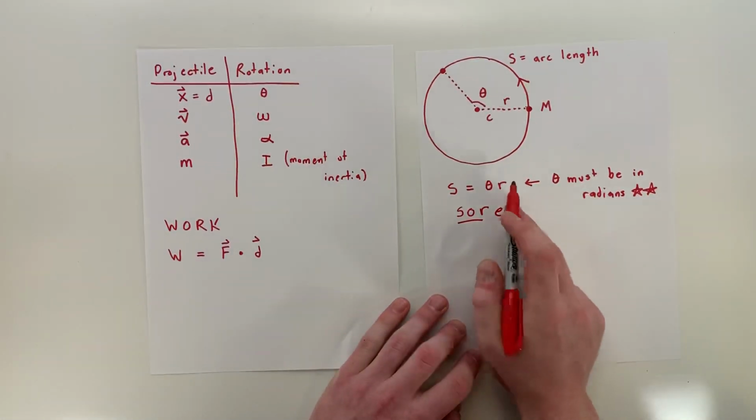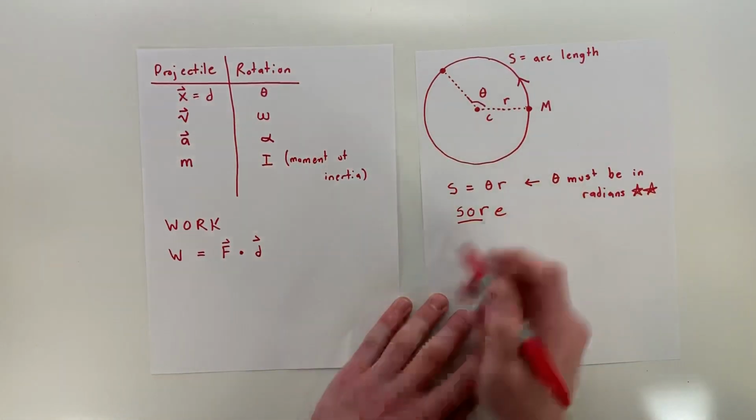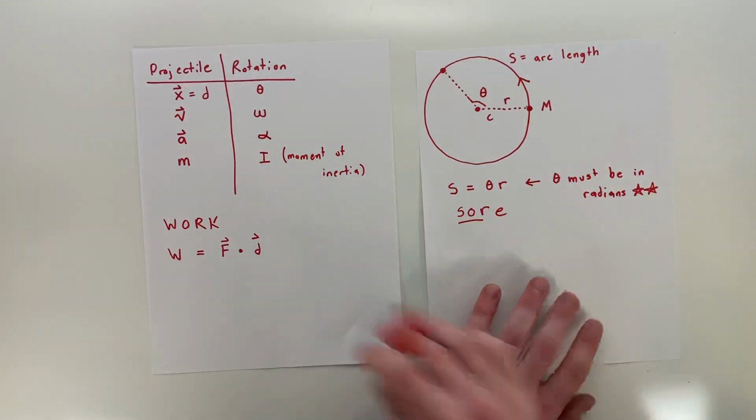So, what we can do is go back to this formula here. Let's do a switcheroo.